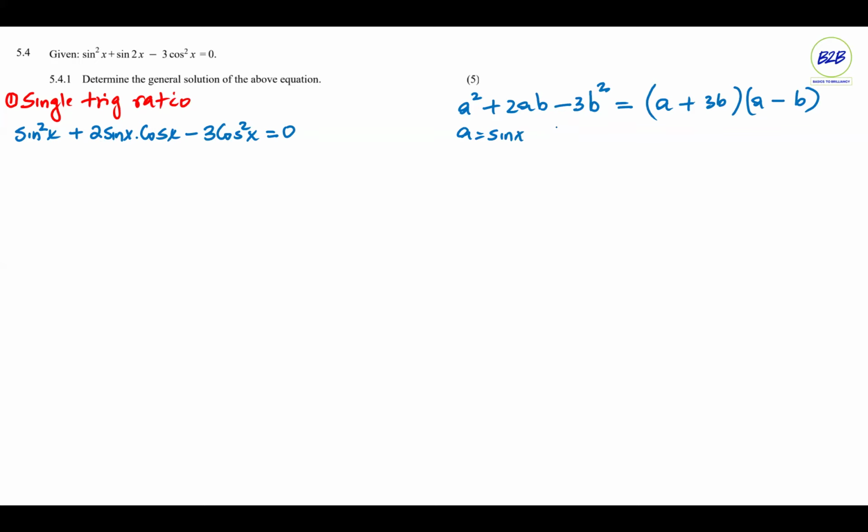In the place of b, we just have cos x. So we open brackets: the factors for sine squared x are sine x and sine x.